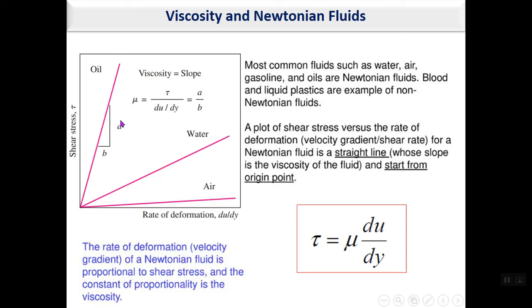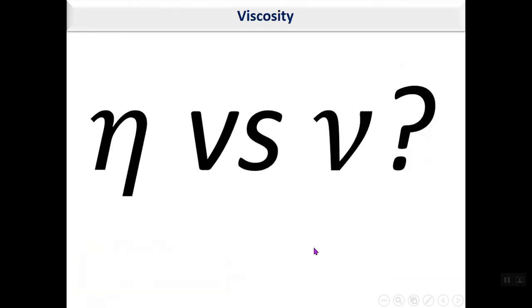So the gradient of the line here shows the viscosity. If you want to calculate the viscosity, you can divide shear stress by the rate of deformation, or if you have the viscosity, then multiplying by the rate of deformation, you can calculate shear stress.